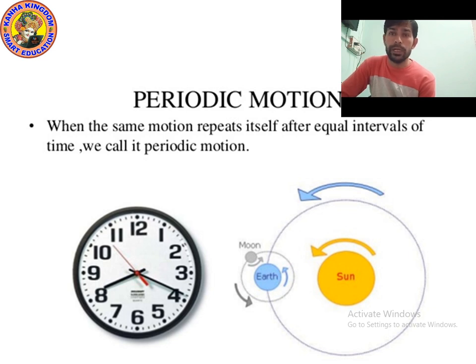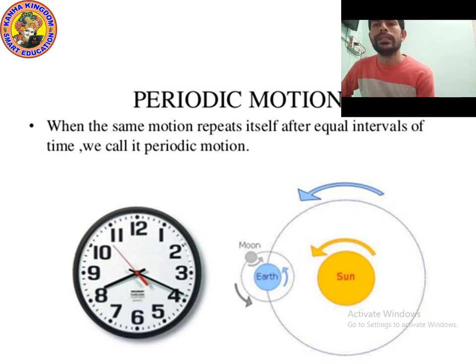So what is periodic motion? When the same motion repeats itself after equal intervals of time, we call it periodic motion.